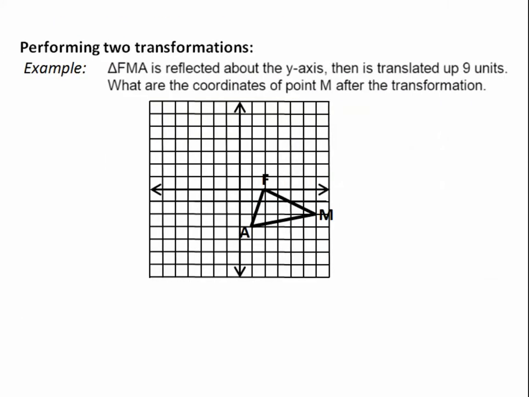Sometimes we perform 2 transformations. Example, triangle FMA is reflected about the y-axis. That means the y-axis is the line of reflection, or the mirror line. Then it's translated up 9 units.